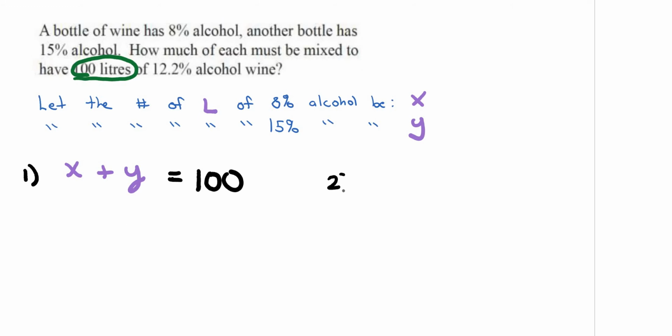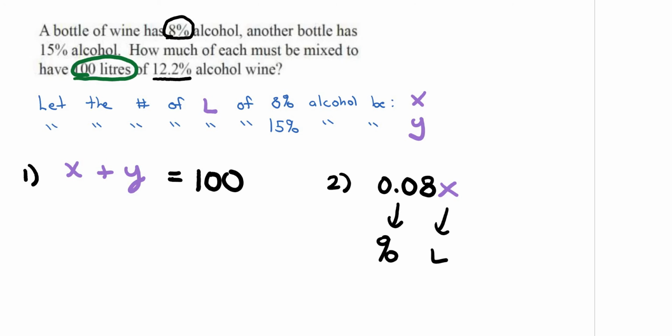Now for the second equation, we're going to start mixing things. There's a 12.2% alcohol that we need to combine. However, we're dealing with this 8% alcohol, and I don't know how much of it we have so far. So my equation is going to be 0.08, and then I'm going to times that by the number of liters, X. So this is your percent, and this is your liters.